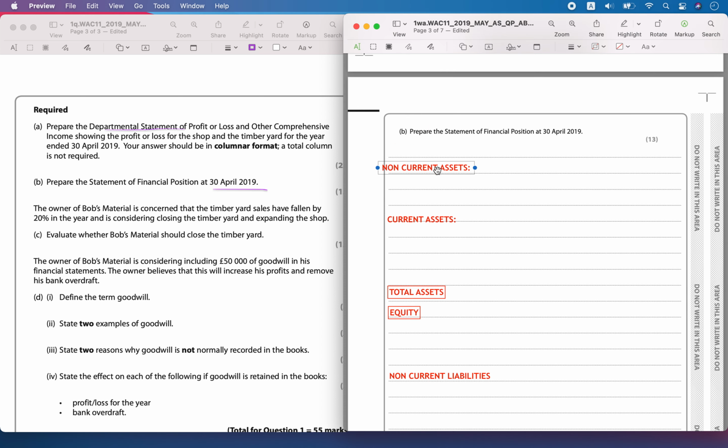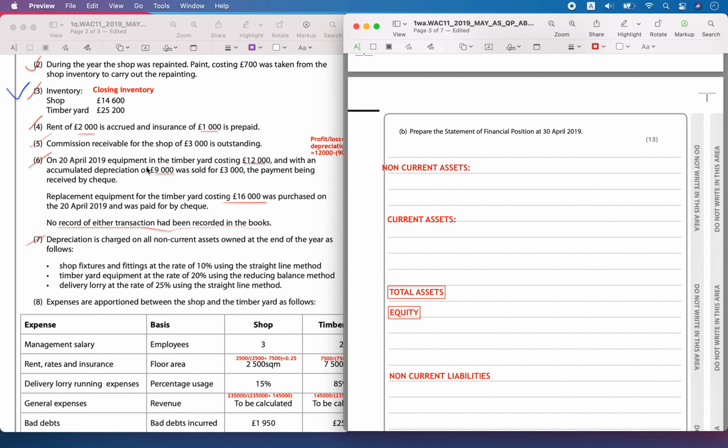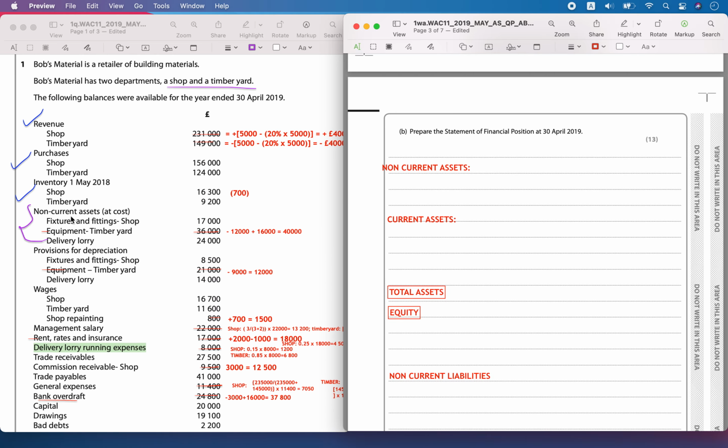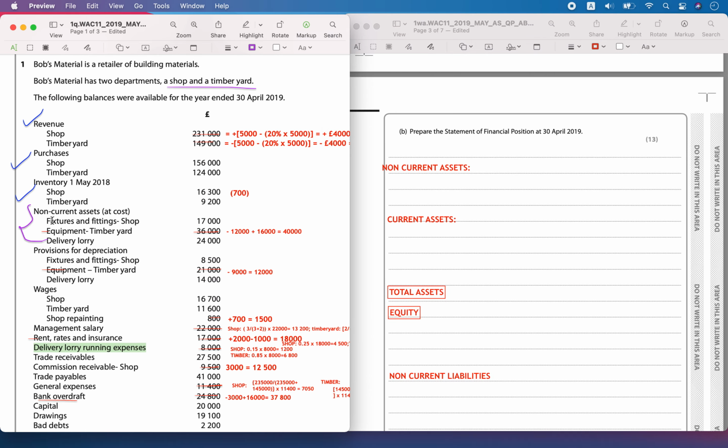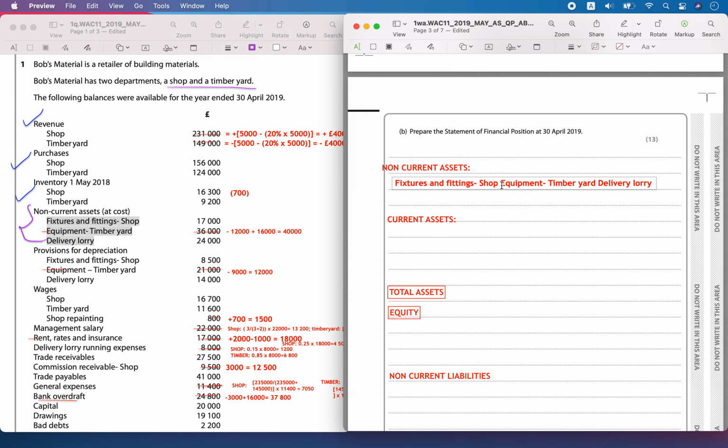Now let's see the non-current assets. We can see that they have three of them: the shop fixtures and fittings, the timber yard equipment, and the delivery lorry.